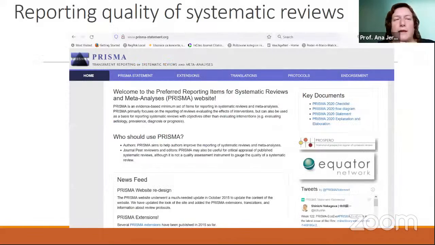So, at the end, we need also to think about the quality of the systematic review that we produce. Because not only do primary studies have many methodological problems, but systematic reviews also have a huge problem. So we need to think about the reporting quality of systematic reviews, whether we showed all aspects of the systematic review, and whether our colleagues can judge the quality of our systematic review based on this.